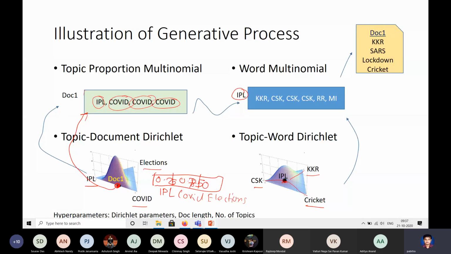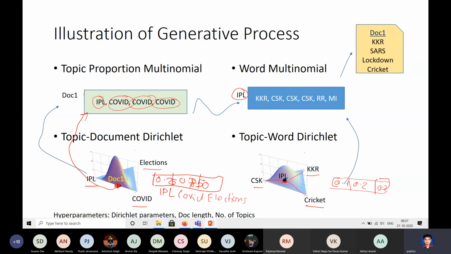Not proportion, I reserve that for the topic document, but let's say this would also be a vector. Let's say the vector has some values, say 0.1, 0.2, 0.3, and so on.